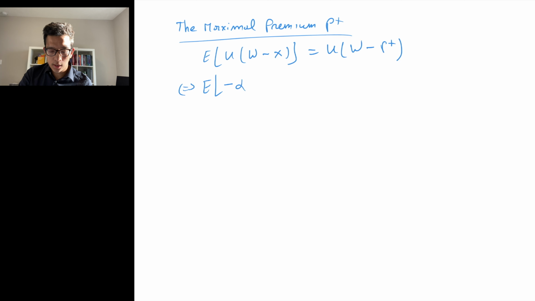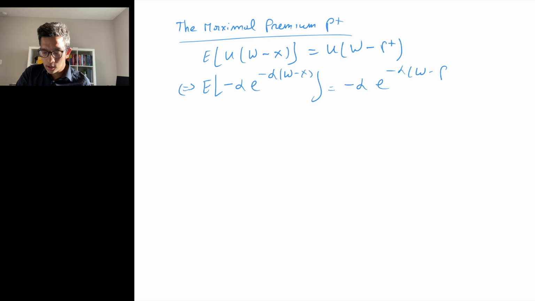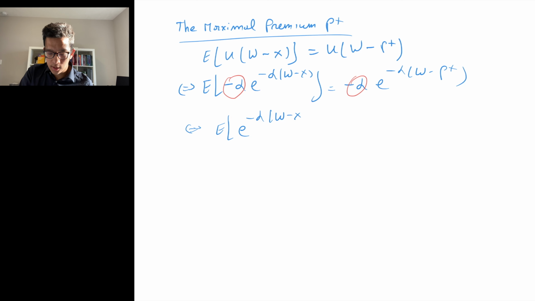So then you get minus alpha e to the power minus alpha (W minus X). And on the other side you get minus alpha e to the power minus alpha (W minus P plus). And then we see that this minus alpha cancels with this one. So you get the expectation of e to the power minus alpha (W minus X) is equal to e to the power minus alpha (W minus P plus).